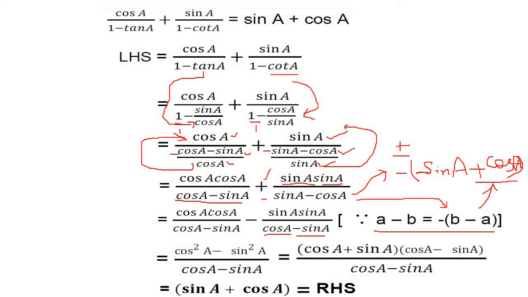Now what happens? Cos A into cos A is cos square A. Here cos A minus sin A is the LCM.